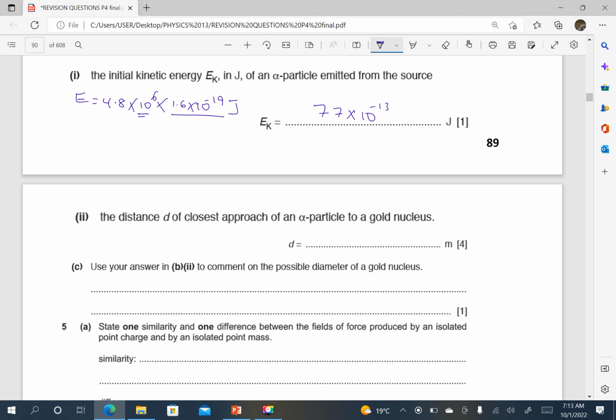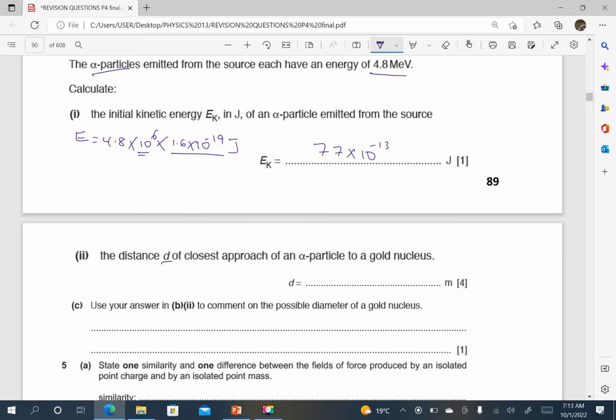Next, the distance d of closest approach. The space here is very small, but I'm going to find a way. So at least we have the kinetic energy.